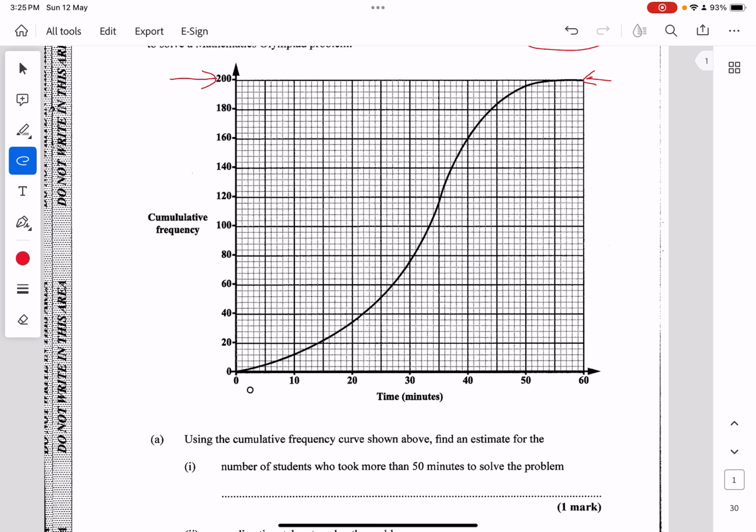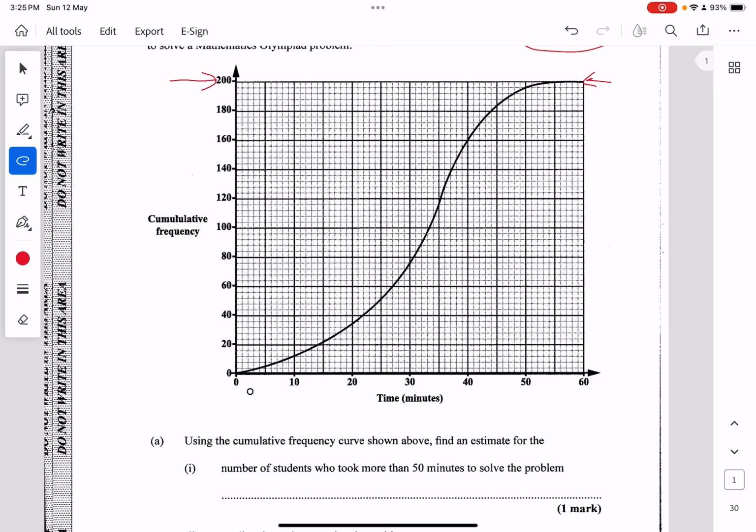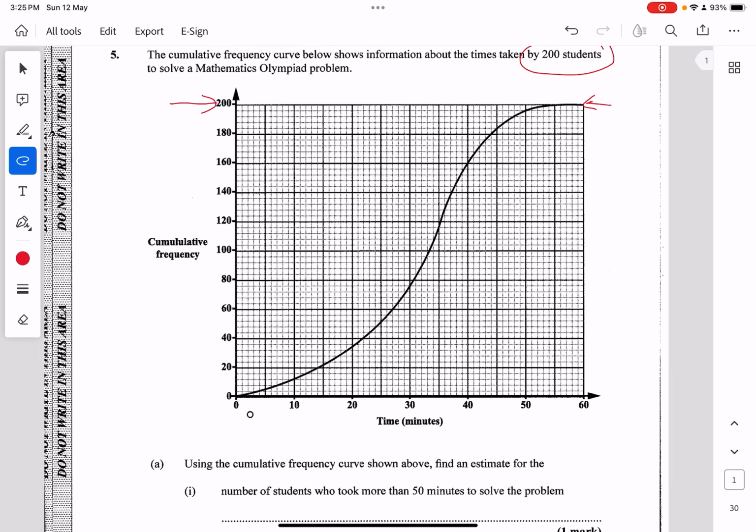Using the cumulative frequency curve shown above, find an estimate for the number of students who took more than 15 minutes to solve the problem. So our x-axis has minutes, so we look for 15 minutes on our x-axis, and we look for the number of students who would have scored more than 50.